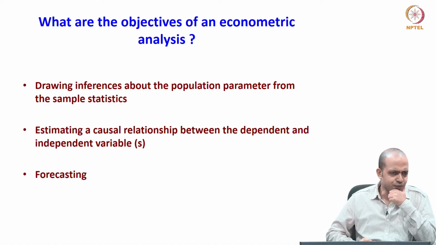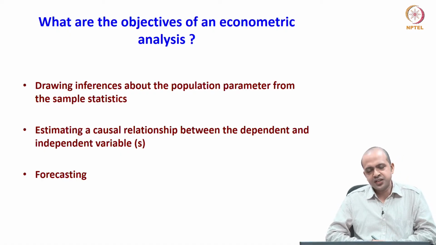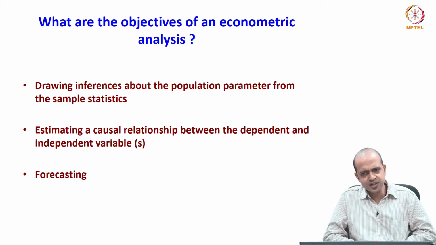So, when you are thinking of income as an independent variable, it is very easy to establish the link between income and consumption, because generally it is income that leads to somebody's consumption.